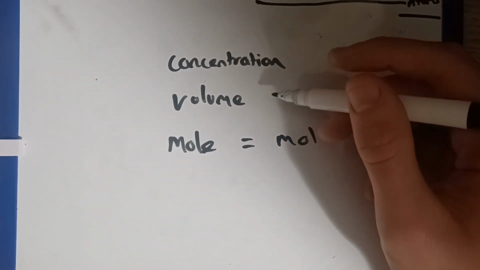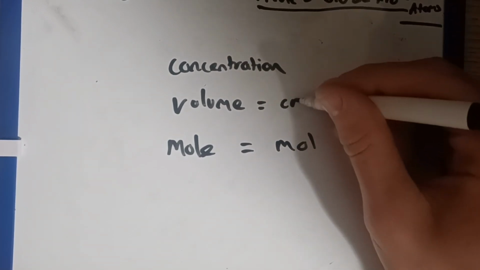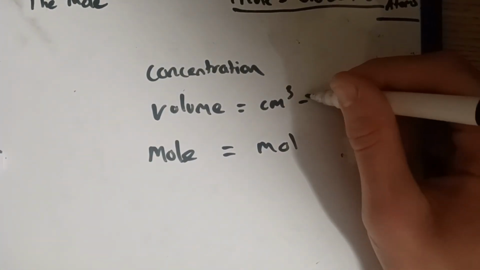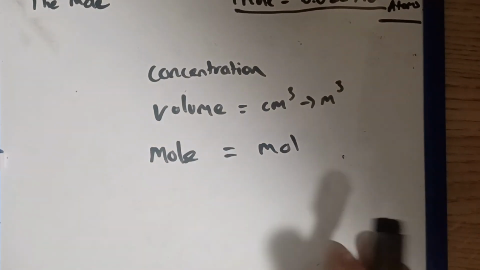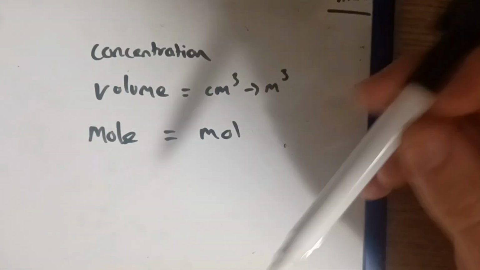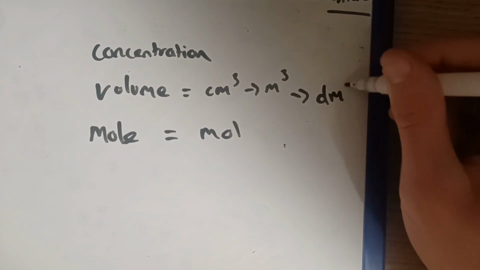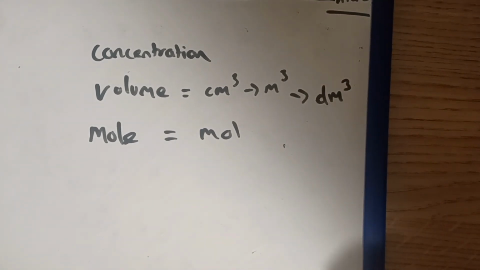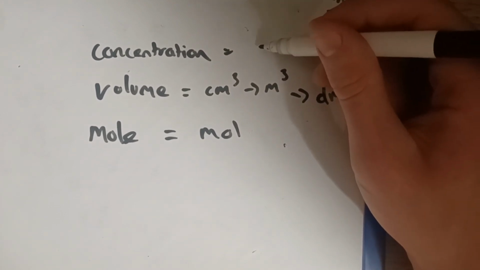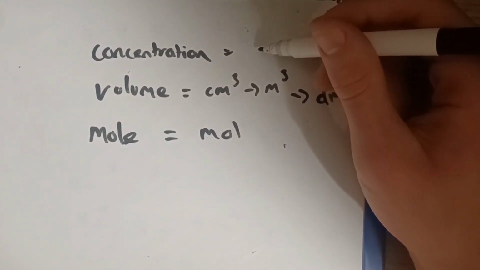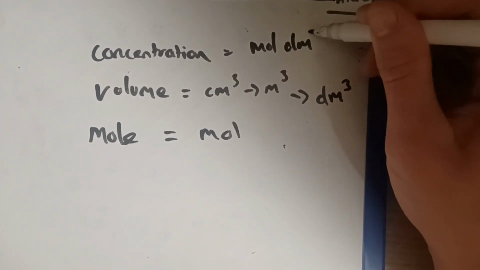So volume is normally you're given it in either centimeters cubed or meters cubed, but the way we use concentration in this instance is we change it into decimeters cubed. And the reason for this directly links to concentration, as normally concentration is given in mole dm minus 3.